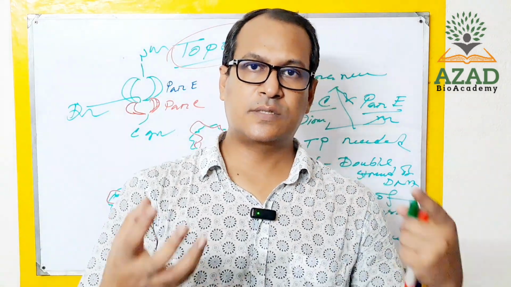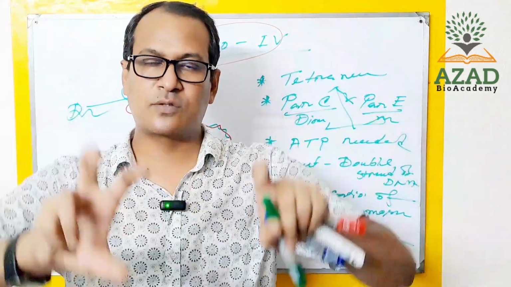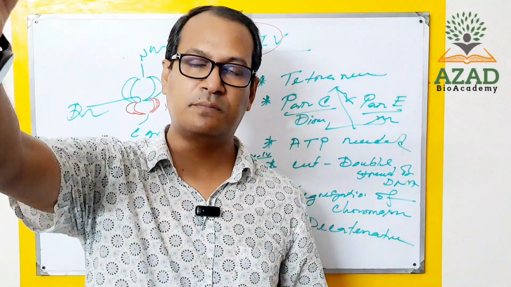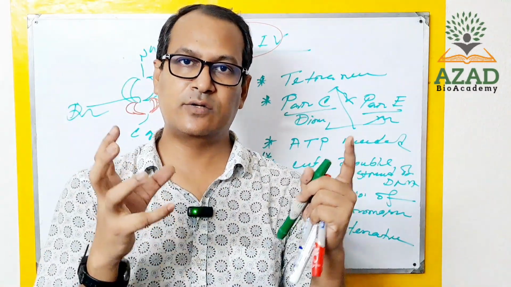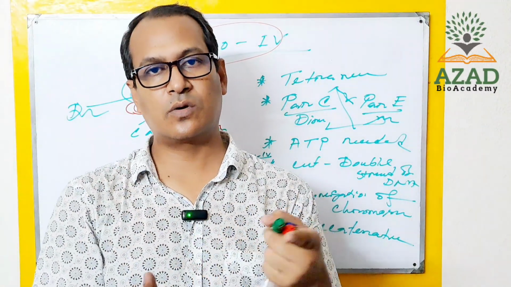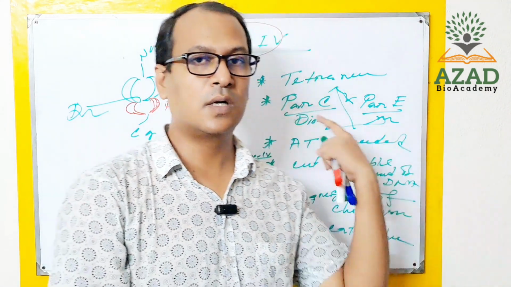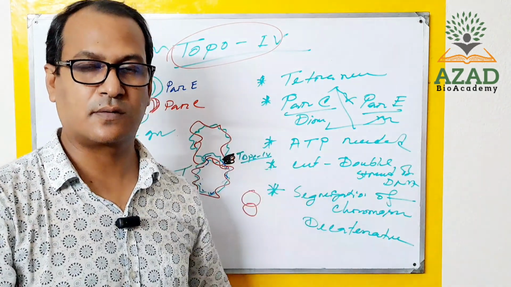Topoisomerase 2 is tetrameric, and it has two subunits, upper and lower, that is GyrB and GyrA, and it will cut the double strand, and it will work basically during replication, and also function during the separation of chromosome.